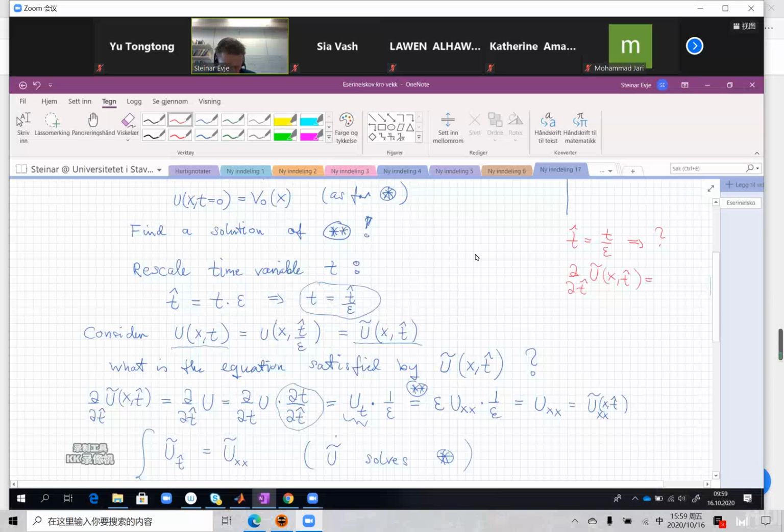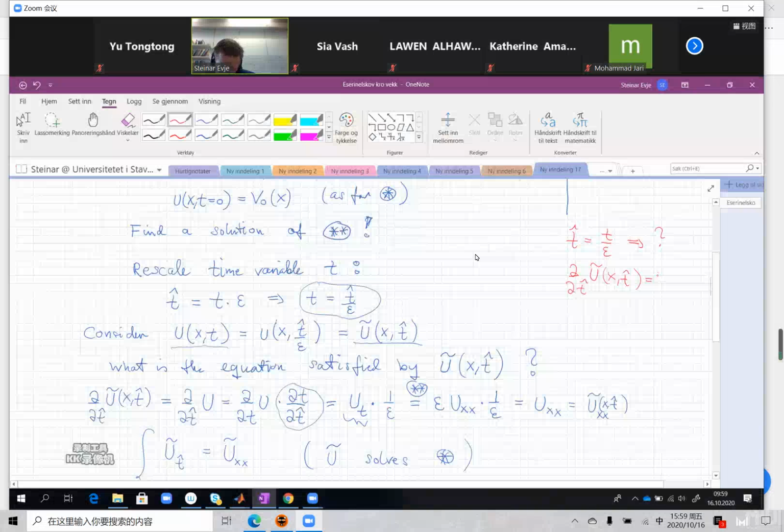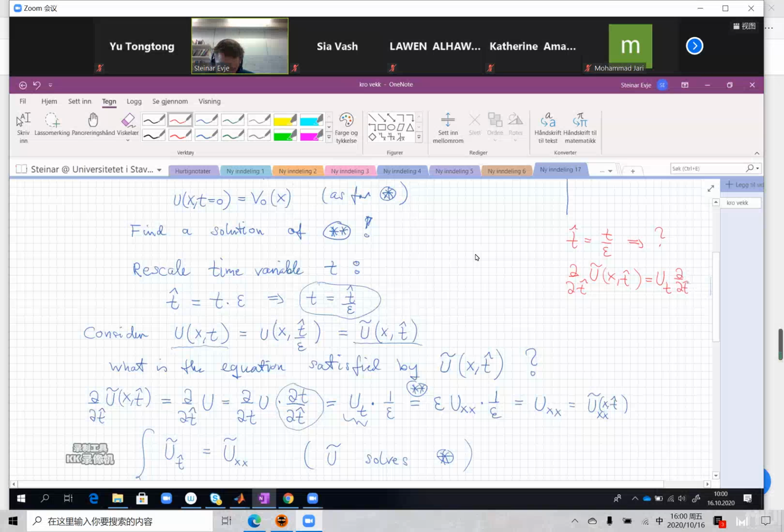We find that this is u t, but then we should take the derivative of t with respect to t hat, and that would produce epsilon.